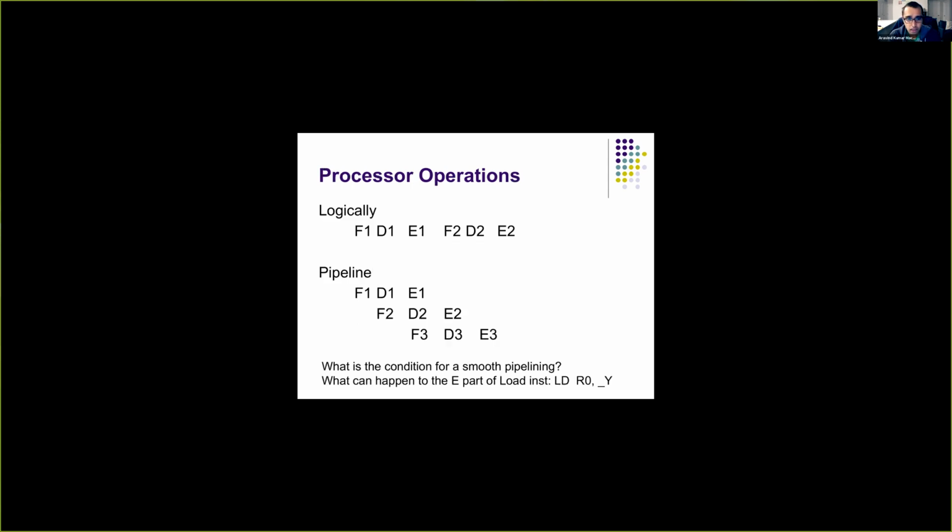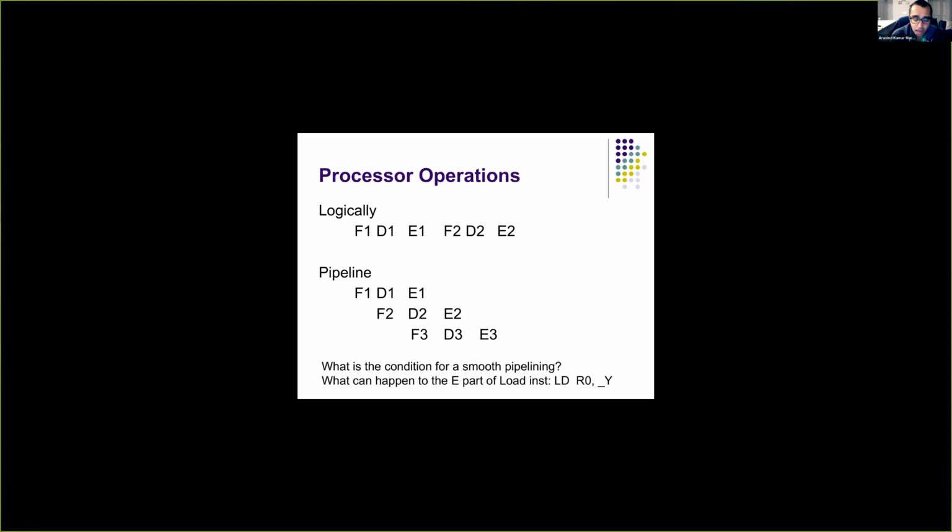Okay. And in processors, what actually happens is we use a principle called pipelining, where you can imagine that when you have three units, there could be multiple instructions inside the processor. So logically, let's say we have three instructions that need to be executed, and they go through three stages: fetch, decode, and execute.